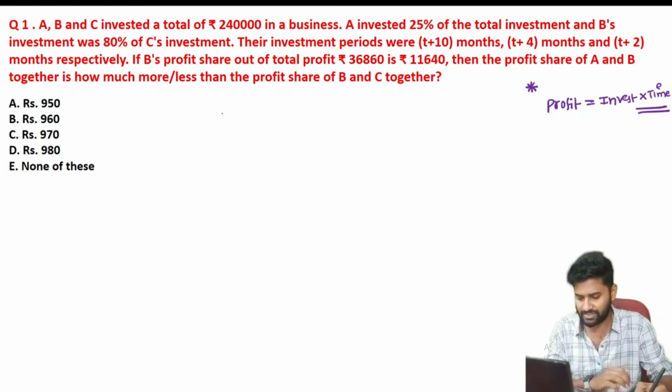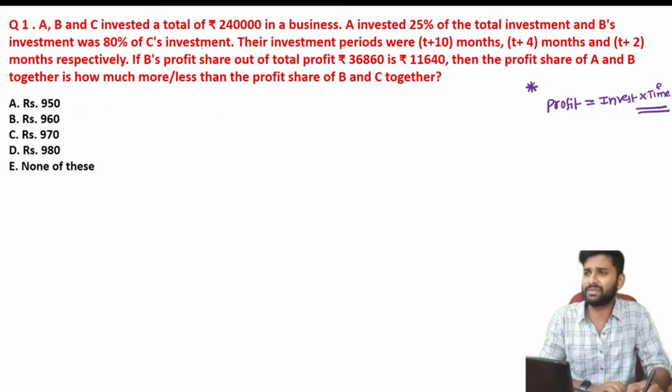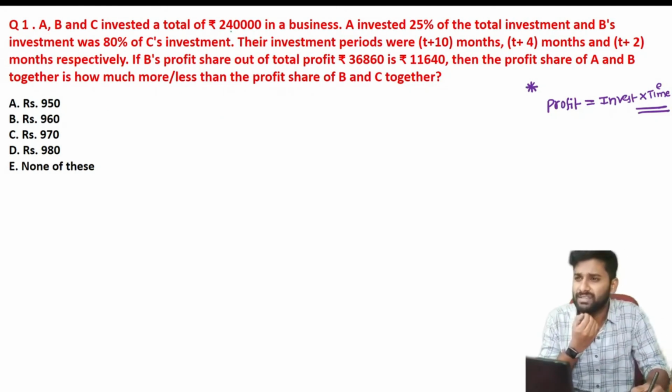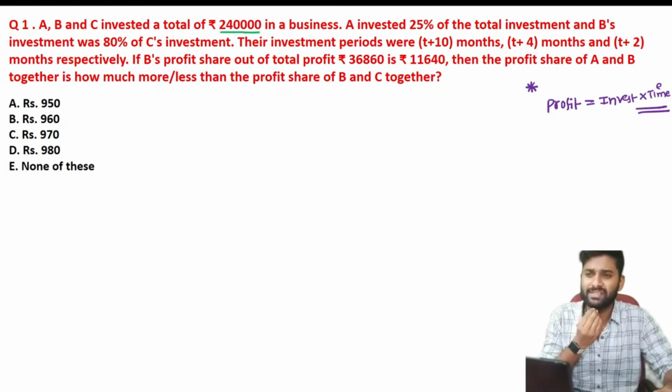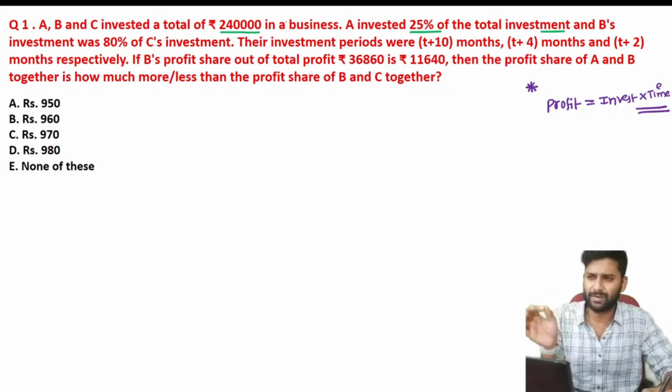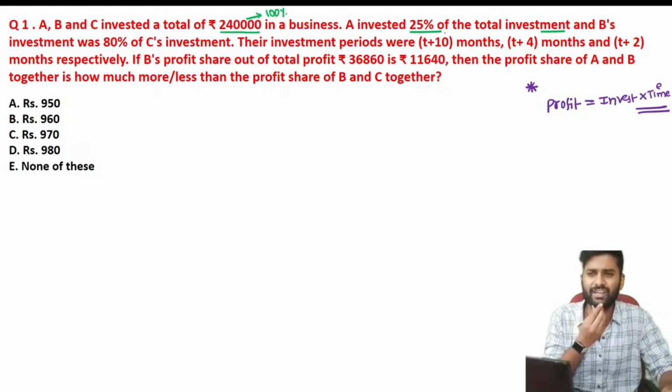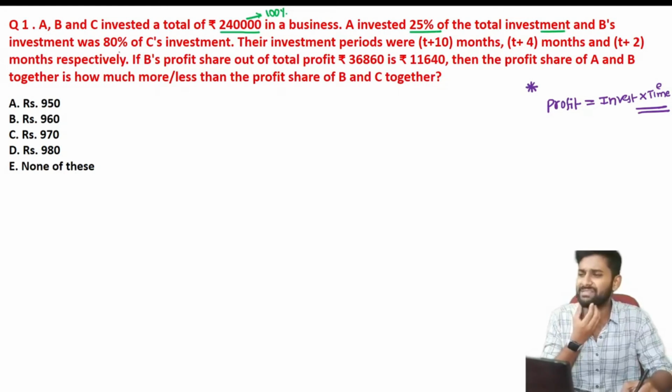Remember this point, guys. Here the question says that A, B, C invested a total of 2,40,000 in a business. A invested 25% of the total investment. So out of 100 percent, let us assume, 25% is A's investment. What about B and C's investment? B's investment was 80 percent of C's investment.